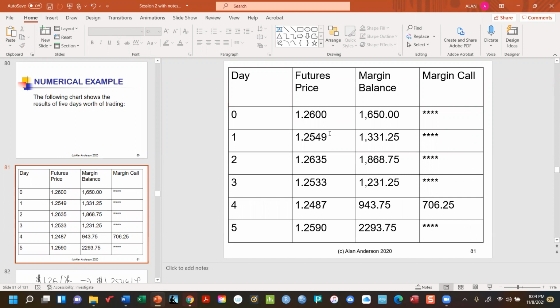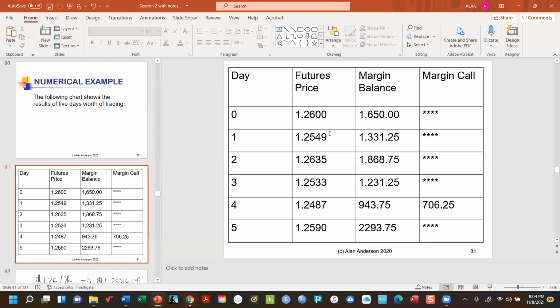Let me just figure this out. 1.26 minus 1.2549. It's a loss of about 0.0051. When you multiply that by 62,500, you're getting a loss.